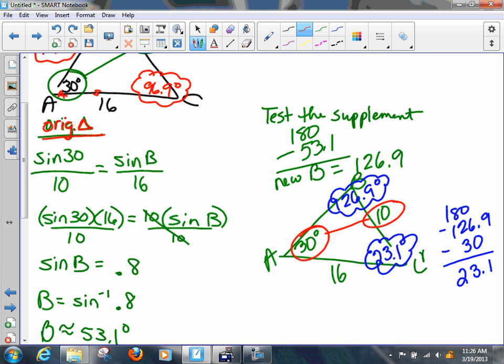You may end up with a negative number. You may be given an obtuse angle already within your original triangle, and your new angle B could be another obtuse angle, and you know that's not possible because your triangle can only total how much? 180 degrees. In the next example, you'll know immediately why this is the only time it works. Okay? Yes? Yep.